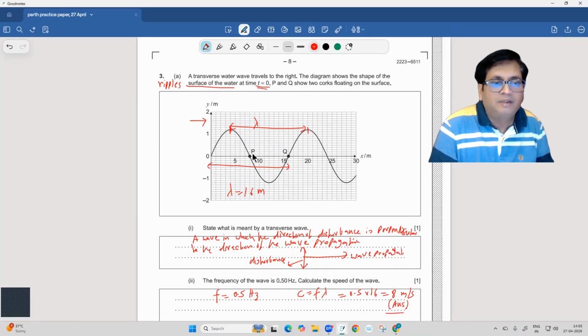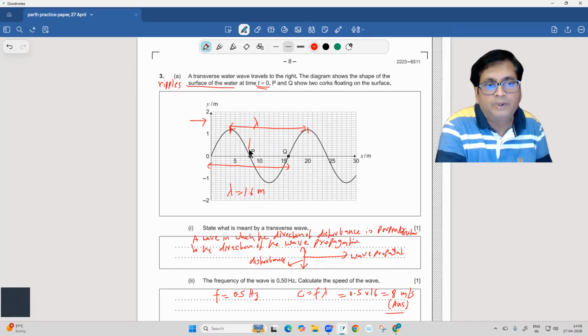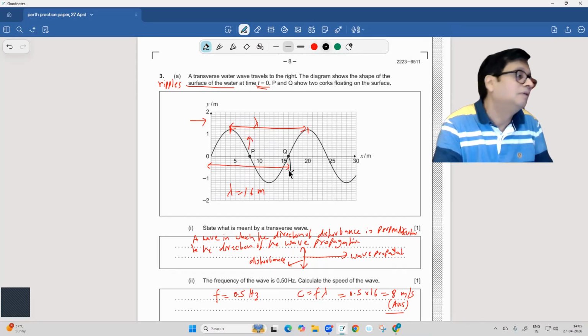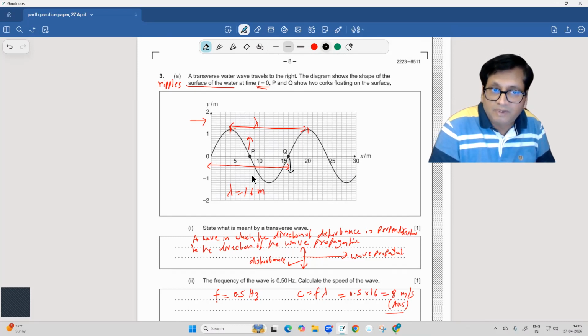Your future is toward your left, and your left particles are above. That means P is right now going up, and Q is going down, because the points on the left side of it are below the mean position. So P is going up, Q is going down.